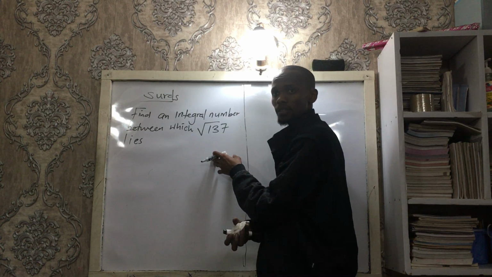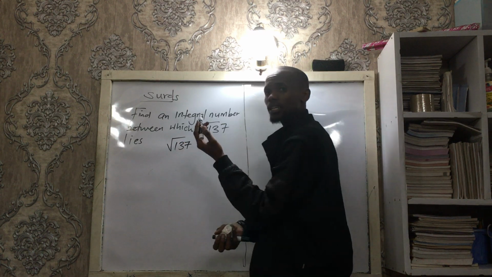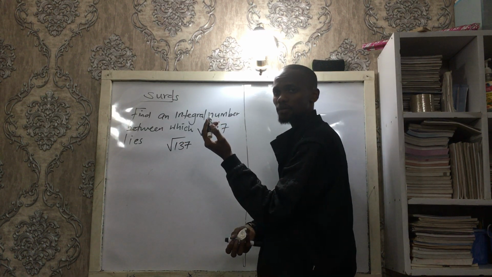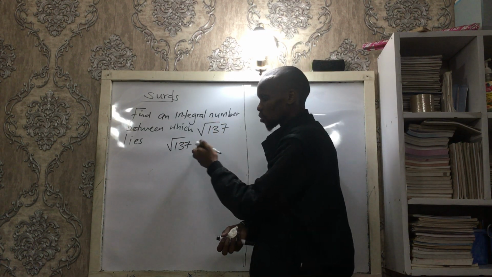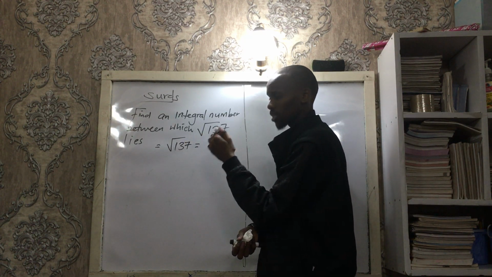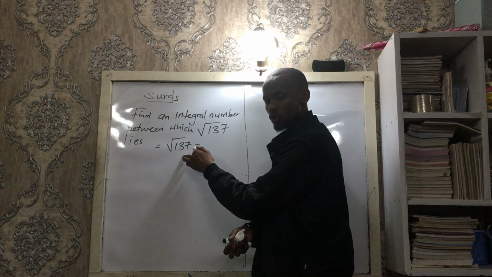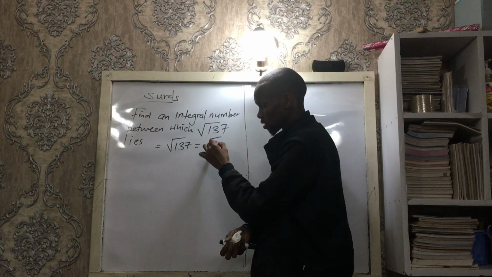Root 137 is not an exact number. We get decimals when we use a calculator. But there is a root before this one, and there is a root after it. Which is the closest one here? The root of 12, which is 12 times 12, is 144.